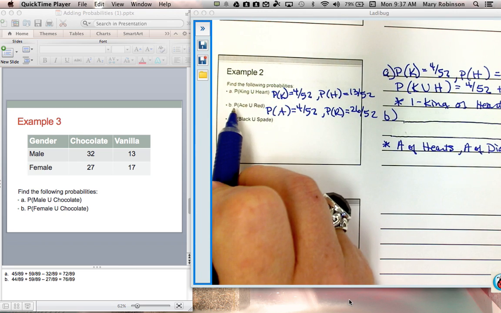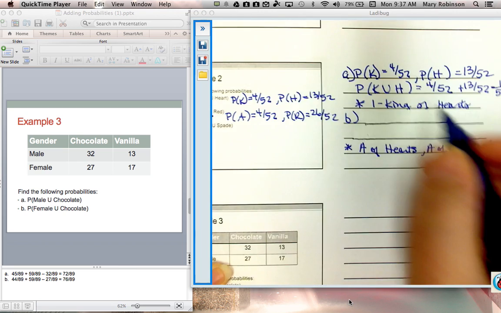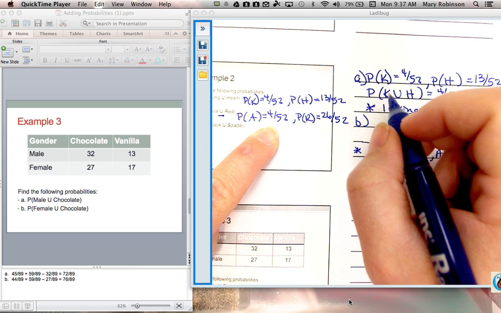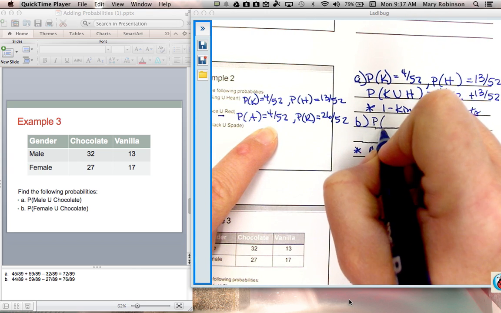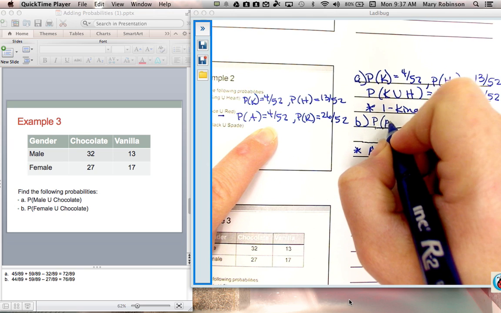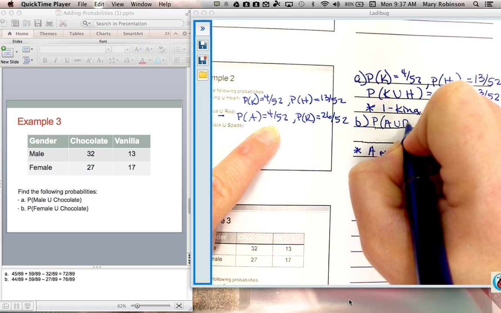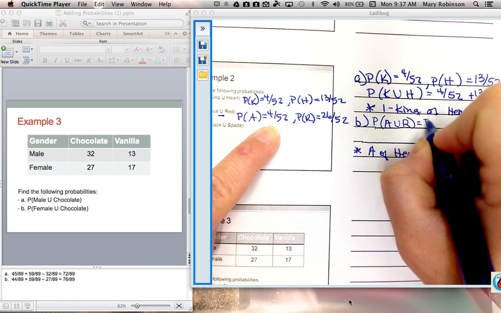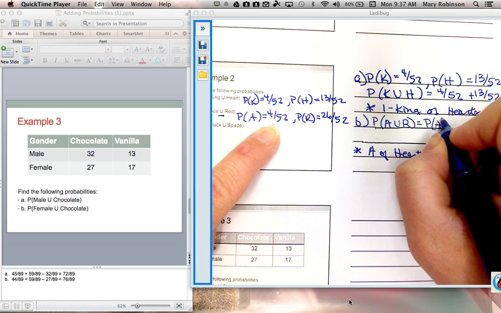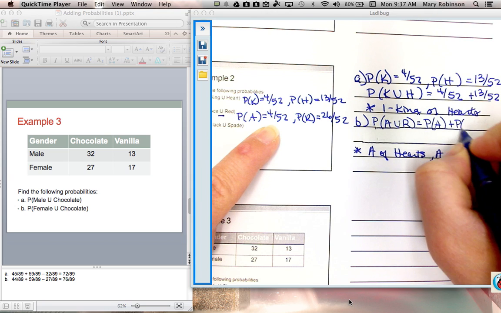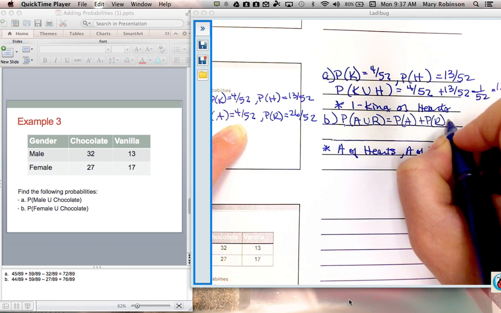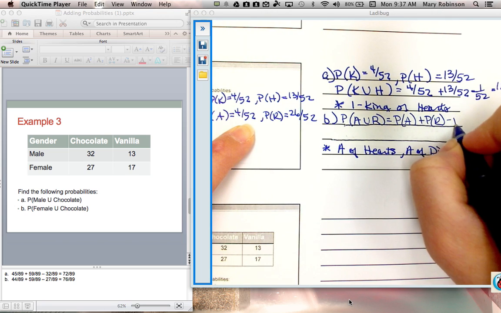To find the probability of ace or red, we would add the probabilities of A and R, but then subtract the probability of both.